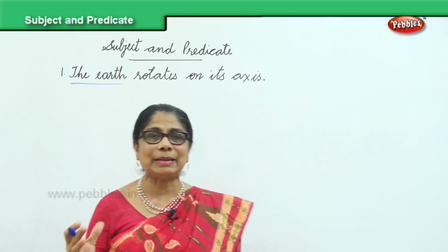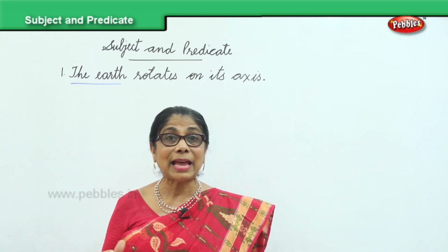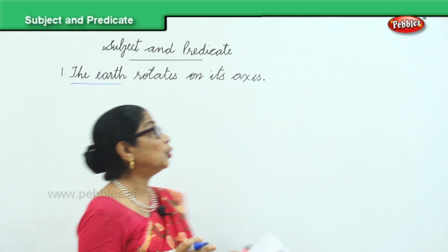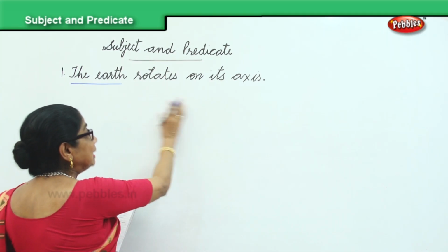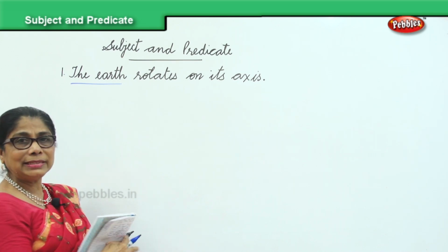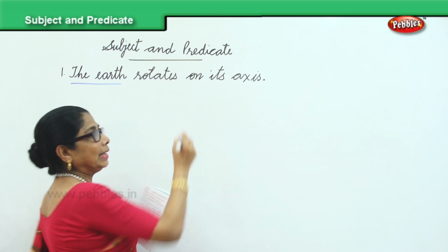So that is the subject. What are we talking about? We are talking about the earth. And what is happening to the earth? The earth rotates on its axis. So the earth is the subject, the rest, rotates on its axis, the remaining second part is called the predicate.